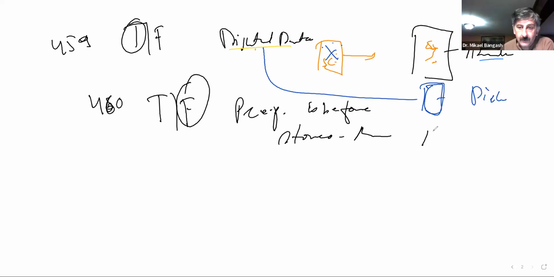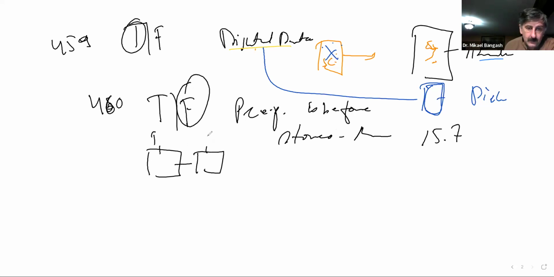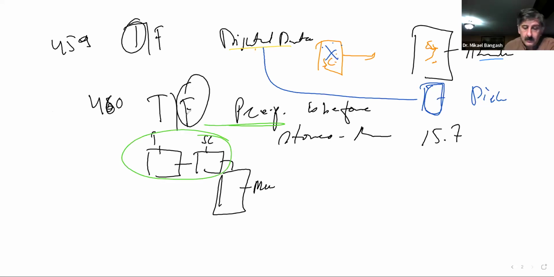Again, figure 15.7. We have said anything that occurs from transducer, scan converter, memory, this processing here was pre-processing.